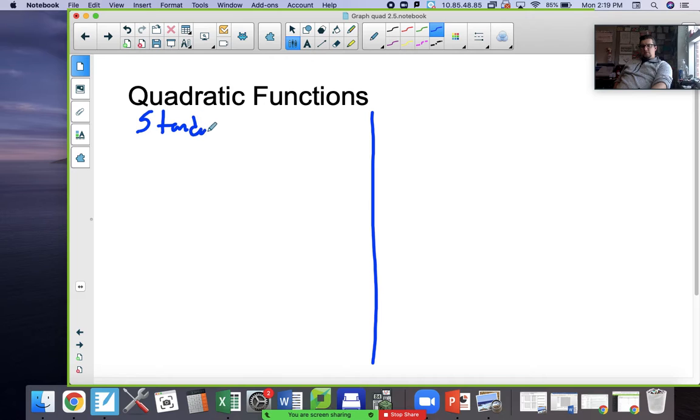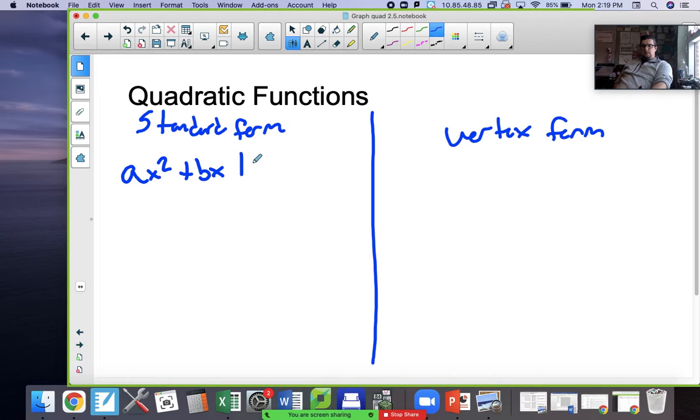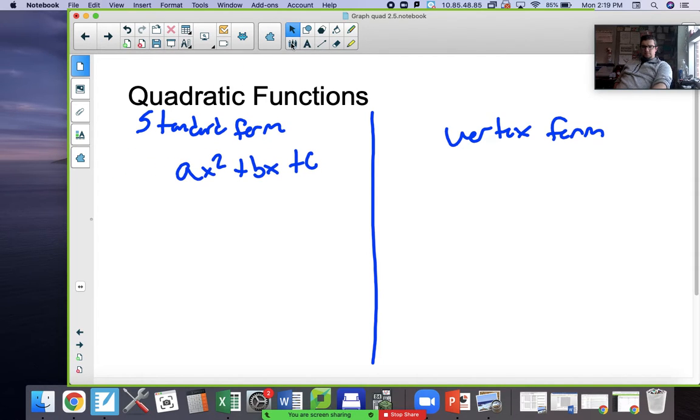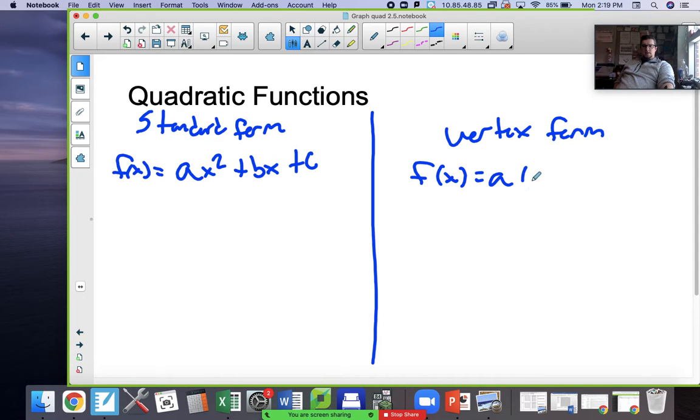We have standard form and we have vertex form. Standard form, ax squared plus bx plus c. And I should write this in function form. F of x equals. Vertex form, f of x equals a times x minus h quantity squared plus k.